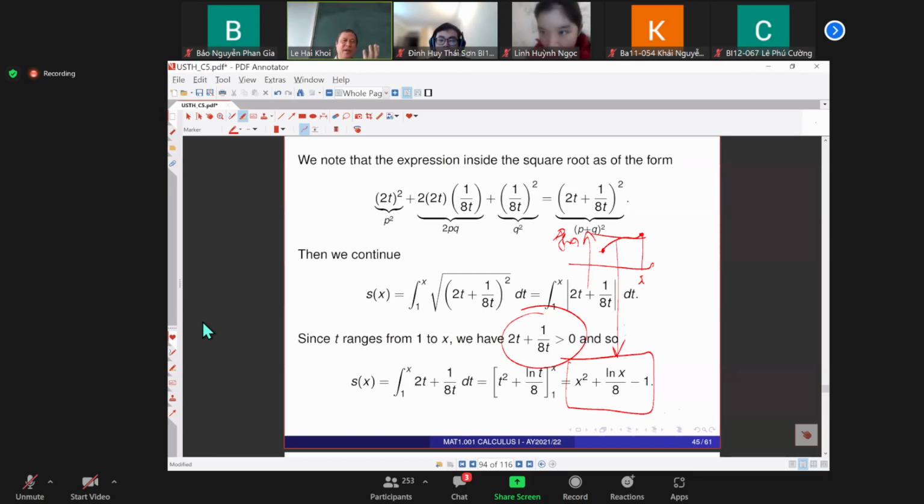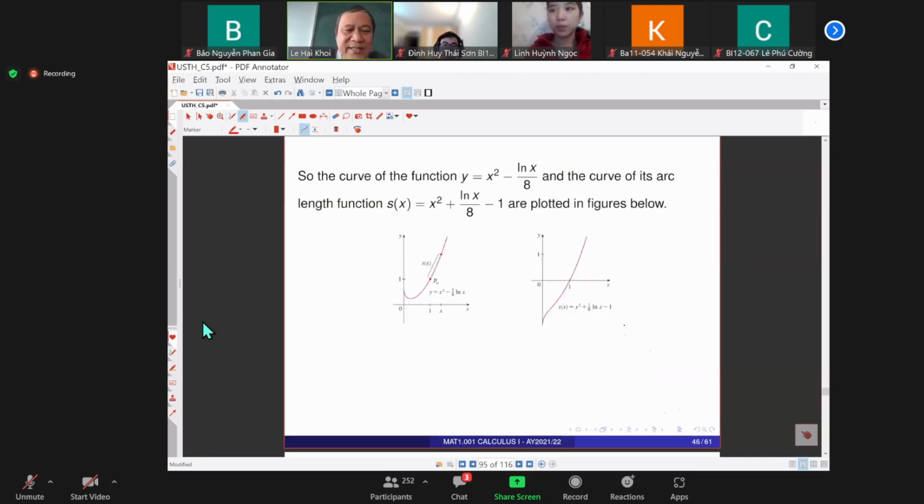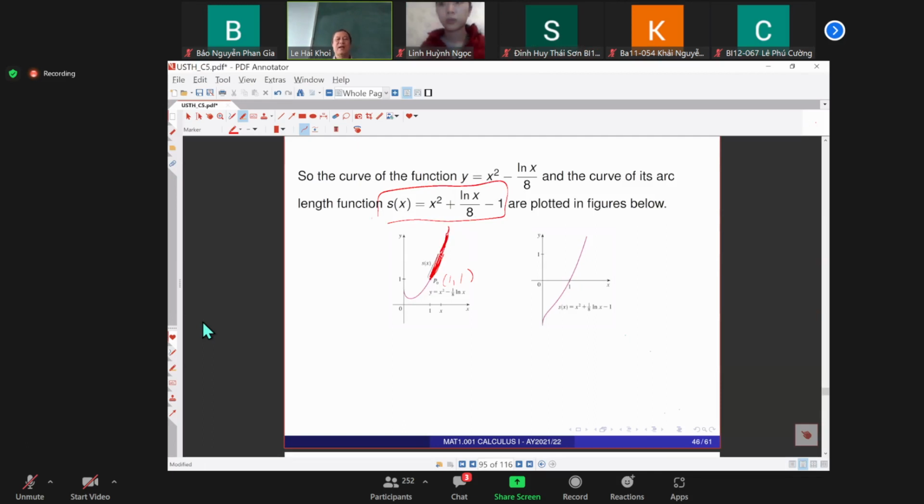So up to now, you have the arc length of the curve from one point to another point. You have the arc length function from one point to some running variable point x, as a function of x. So then you see, this is the curve. P0, yes, I write P0 is (1, 1), that point. And this length depends on where x is, x here, x here, x here, so depending on that, you have the answer for the arc length function.